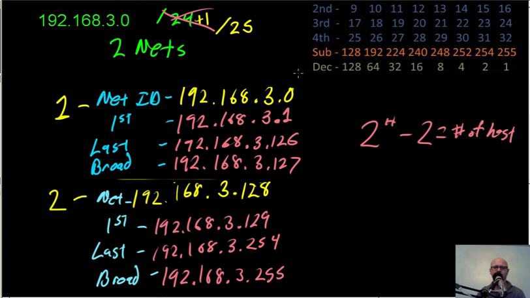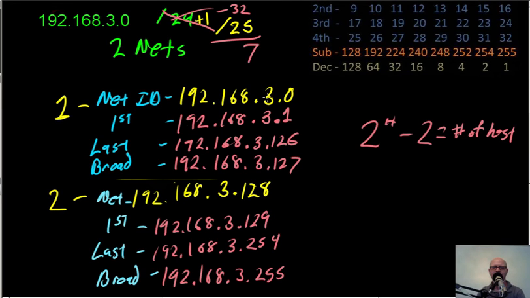All right. Now, if we have a /25, and we subtract from 32, because there are 32 total bits, there are 25 ones in this subnet mask, 25 bits in the network portion, 32 total, 25, that's 7.